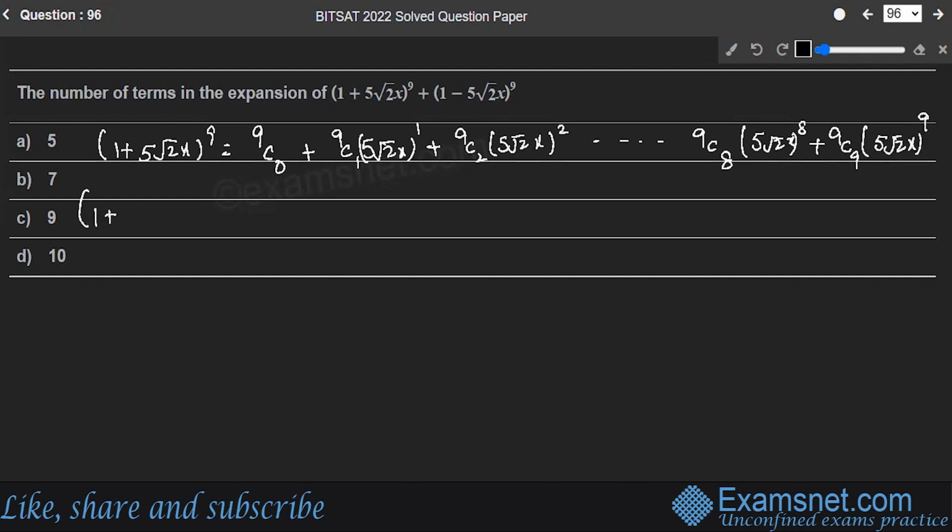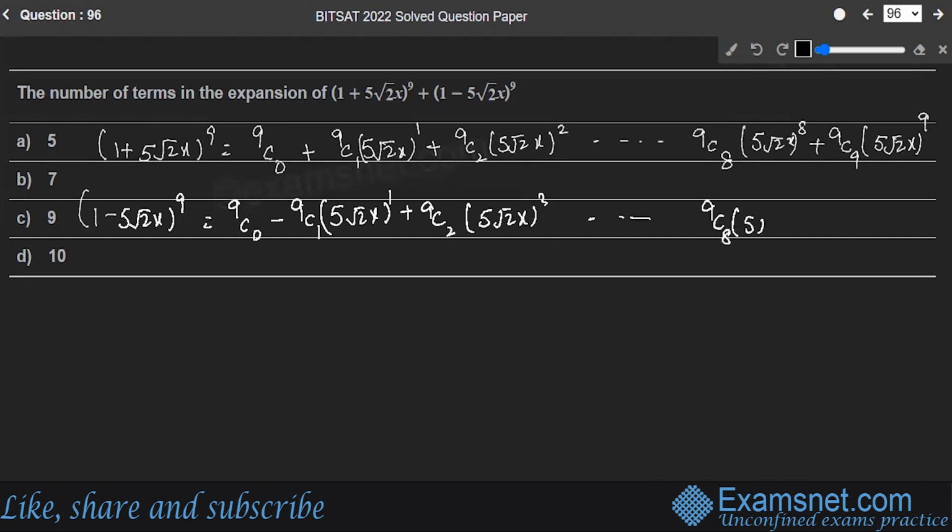And 1 minus 5 root 2 x whole raised to power 9 is equal to 9c0 minus 9c1, 5 root 2 x power 1, 9c2, 5 root 2 x power 2, so on 9c8, 5 root 2 x power 8 minus 9c9, 5 root 2 x power 9.